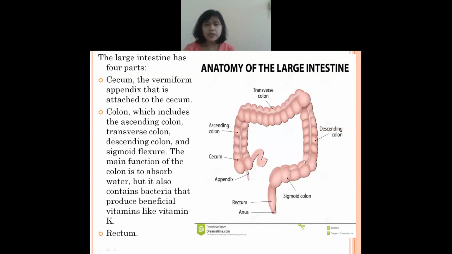They will help in producing some vitamins, like vitamin K. And the next is your rectum, this one, rectum.